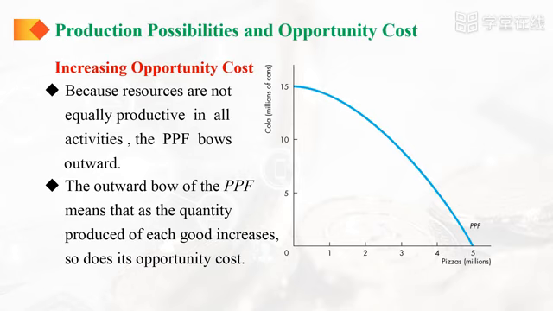So the opportunity cost of a pizza is a large quantity of cola. Next, our questions are: how do we choose among the points on the PPF? How do we know which point is best? That's the end of session 1.